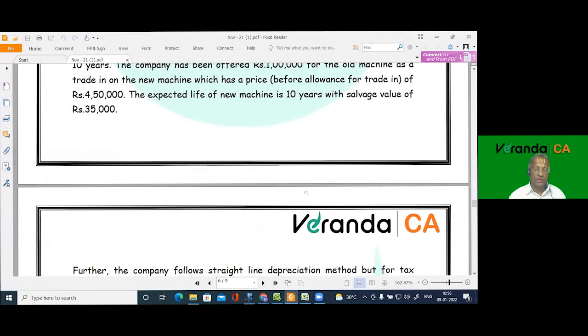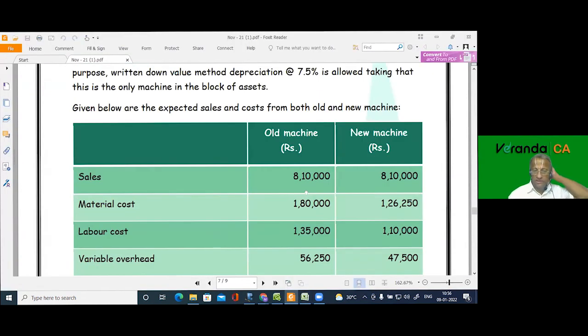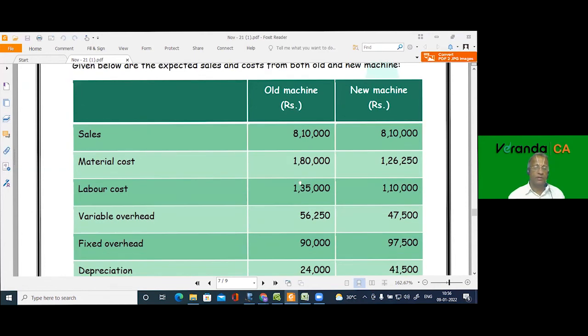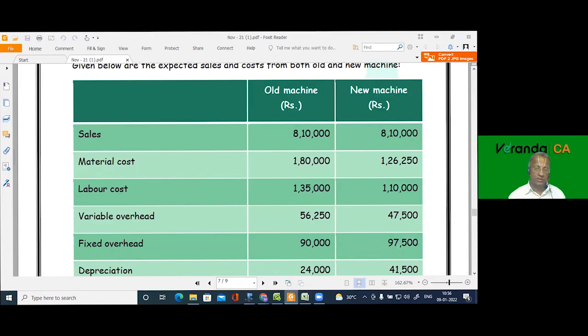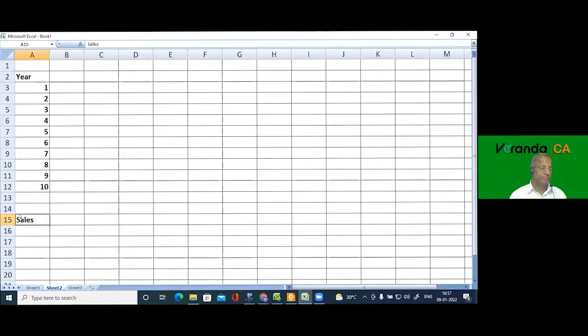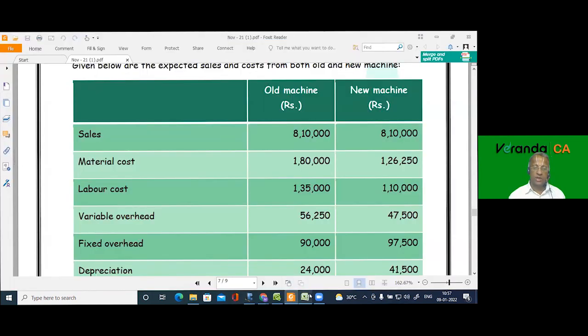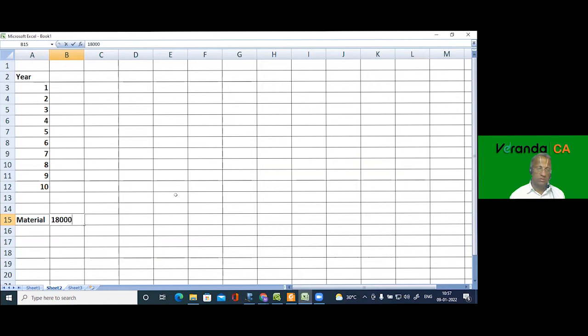So here they have mentioned sales, and I will work this way. Sales 8,10,000. On material cost I will pick up: material, it is 1,80,000 and 1,26,250.